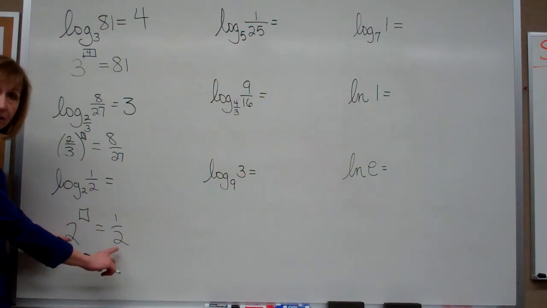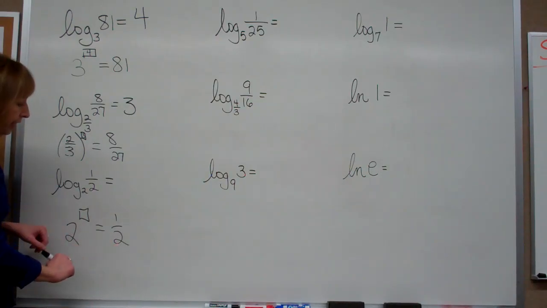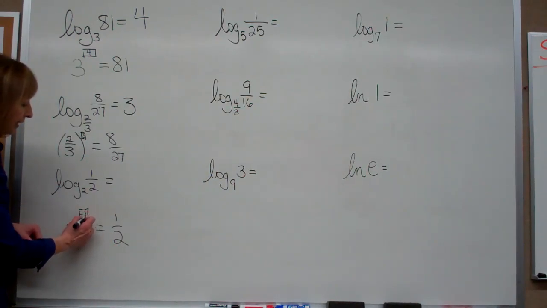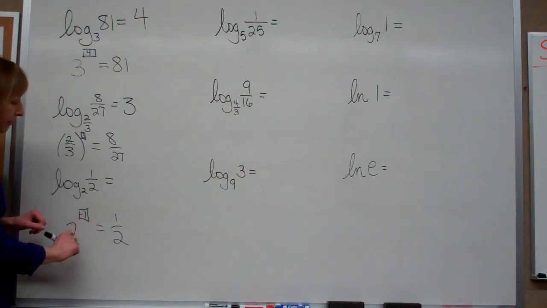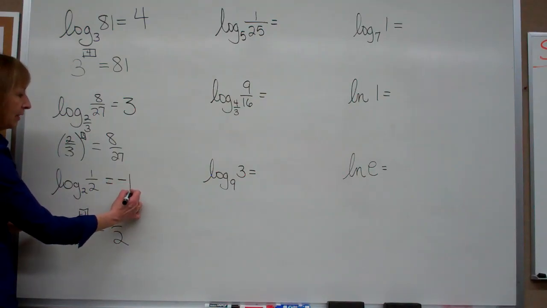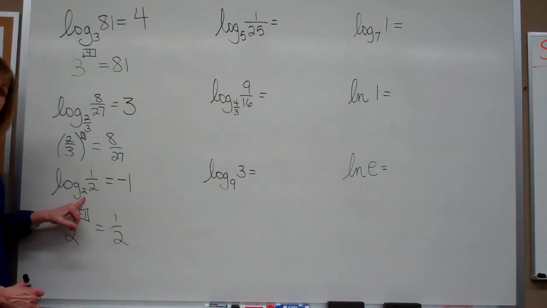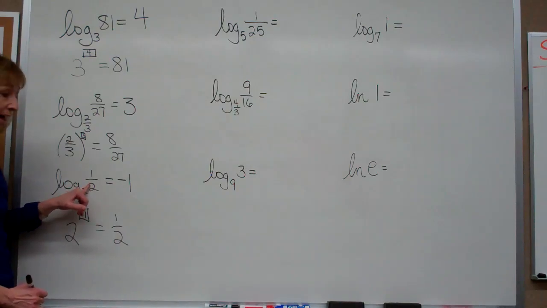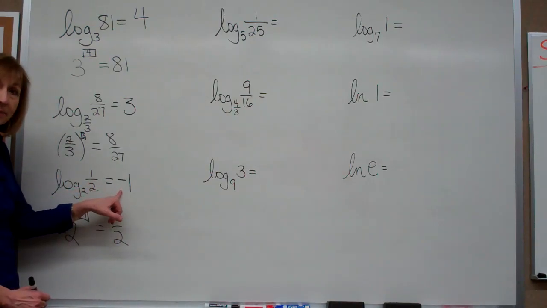I just need to have the 2 go into the denominator of the fraction. So that exponent would be -1, because 2 to the -1 is 1 over 2 to the +1, which is 1/2. So my exponent is -1, and that is my logarithm. The exponent that I put on 2 to create the value of 1/2 is -1.